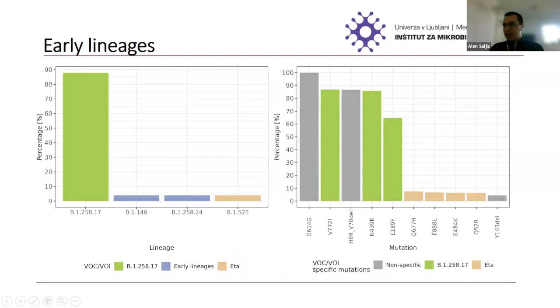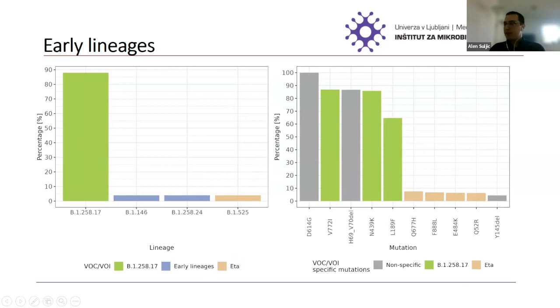The same thing can be demonstrated in the example of early lineages, where the predominant B.1.258.17 variant is seen, and a detection of low prevalence eta variant of concern.